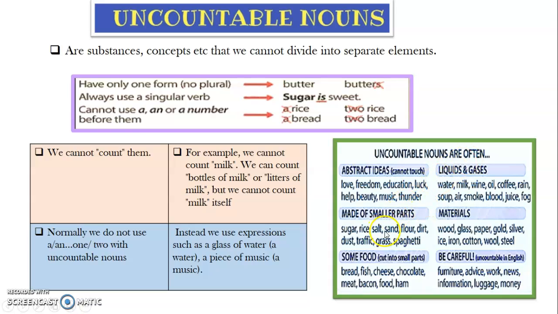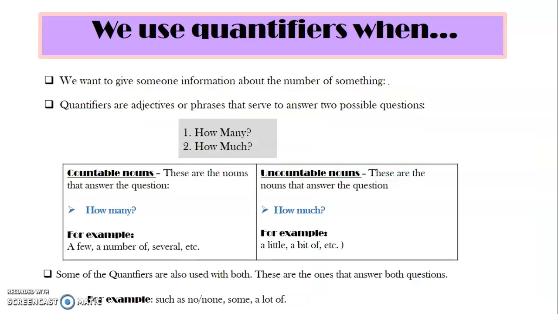Liquids and gases cannot be divided into small parts. Sugar, it's impossible to count the sugar. Some food like bread, chocolate is impossible. But be careful, because we are talking about uncountable nouns just in English. It's a matter of English.